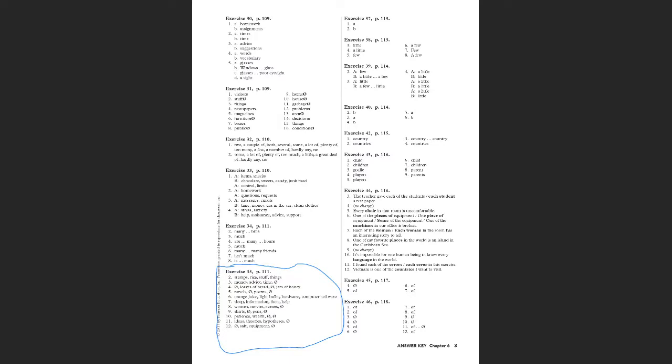Next page, number 5, novels, nothing, poems, nothing. I have a question with poem and poetry. Poem?